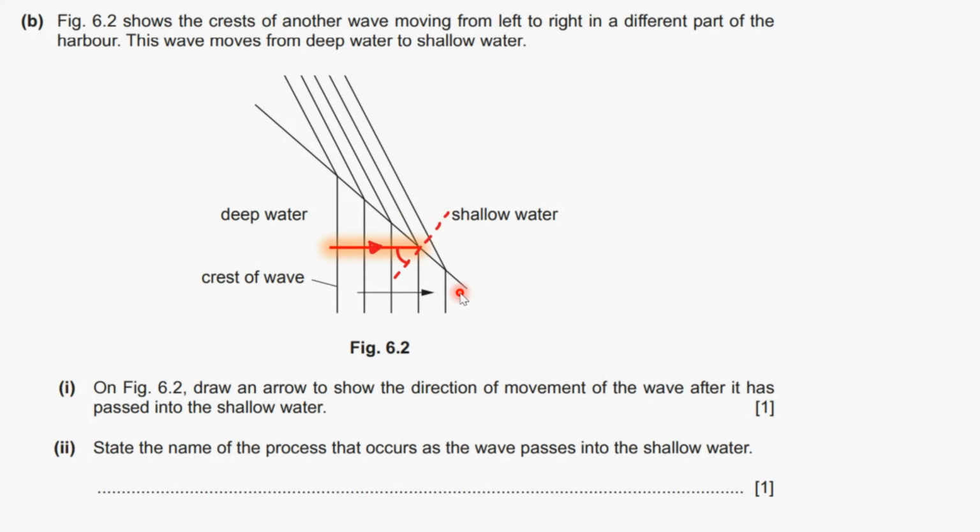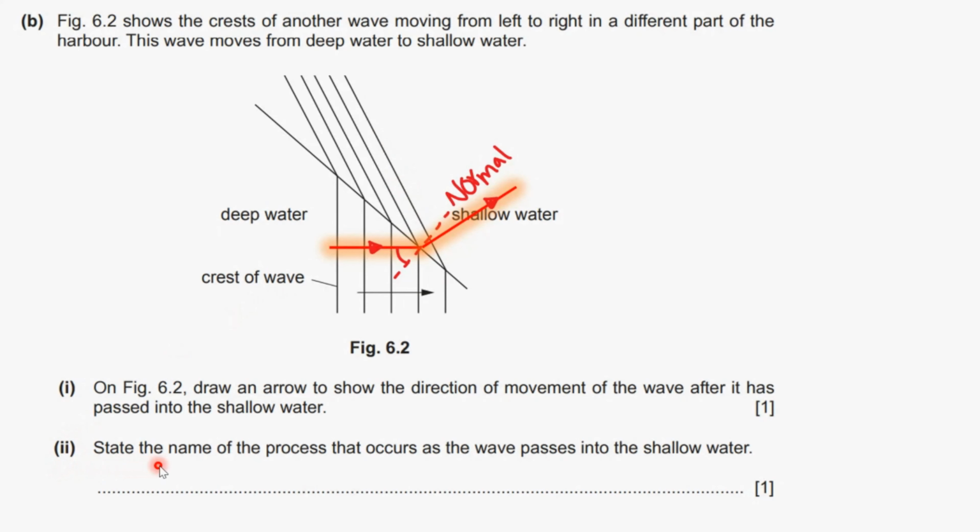Then the examiner is asking to draw the direction of movement of these waves. So after drawing the normal, for these crests of the wave that pass into the shallow water, this perpendicular line represents the direction of movement in the shallow water, which is always perpendicular to the waves or refracted waves.